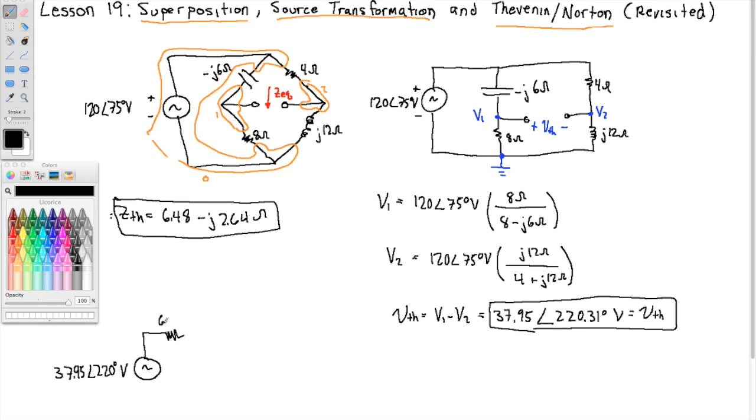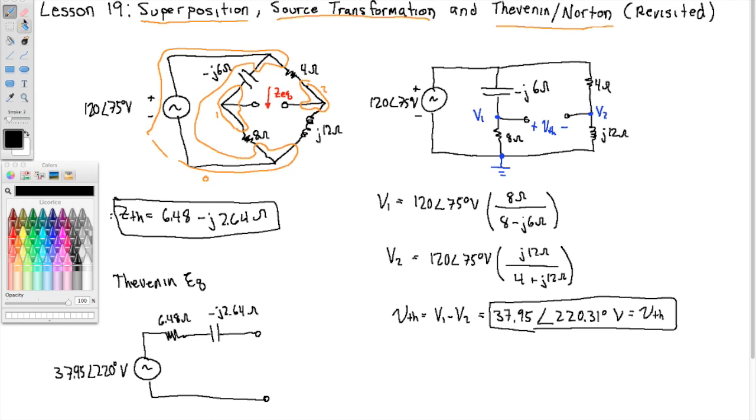So this impedance is 6.48, it's a resistor, and then because it's minus J, that's a capacitor, 2.64 ohms. And this is again the Thevenin equivalent circuit for this thing.